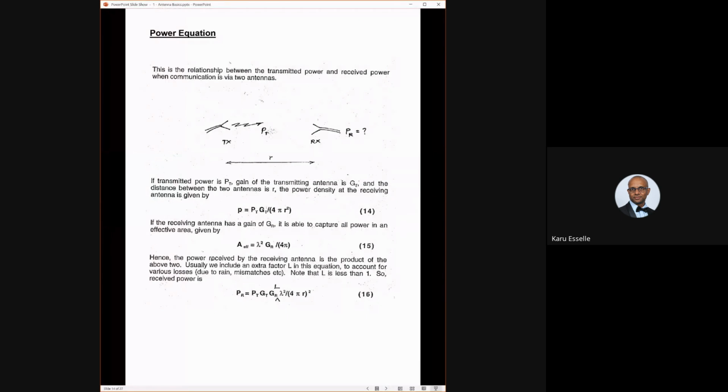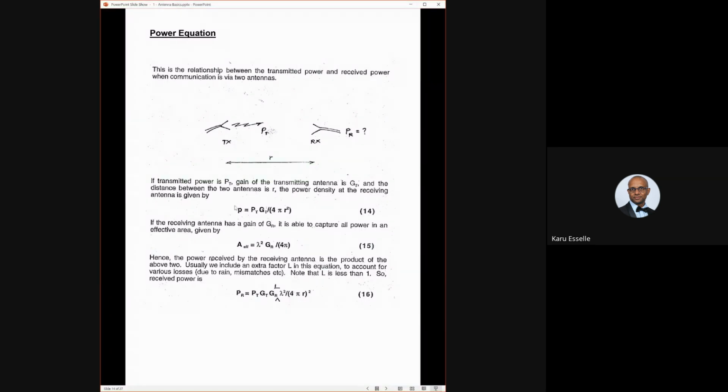And the area of this bucket, that's called the effective aperture of a receive antenna, is the gain of the receive antenna, that's the same gain even if you use it to transmit, times lambda squared, the wavelength squared, divided by 4 pi. So this is sort of the effective area of the receive antenna.